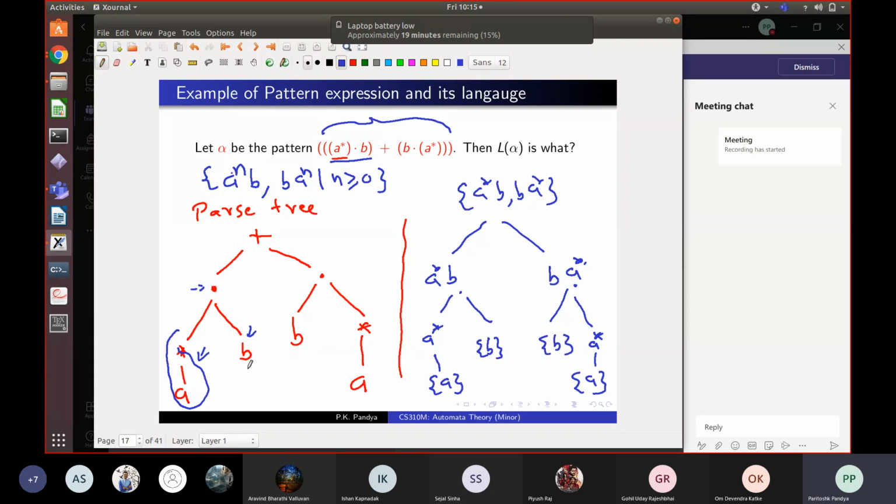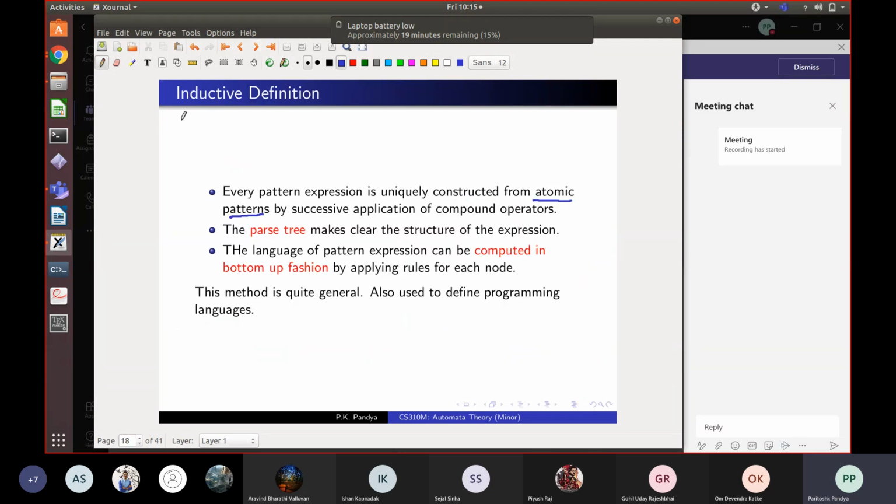It basically says there are some atomic things which we know how to calculate, and these are combined using some operators, and we know how to combine the results of the left argument and the right argument of the operator to obtain the result for the compound thing, right? Such definitions are called inductive definitions. So every pattern expression is constructed from atomic patterns by successive application of compounding operators like plus, dot, star, etc.